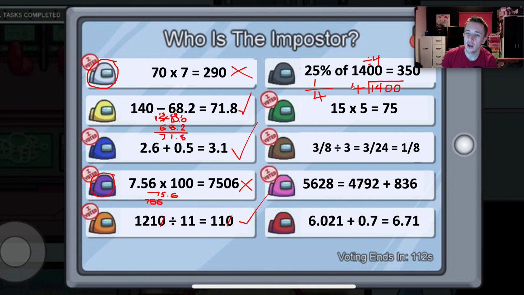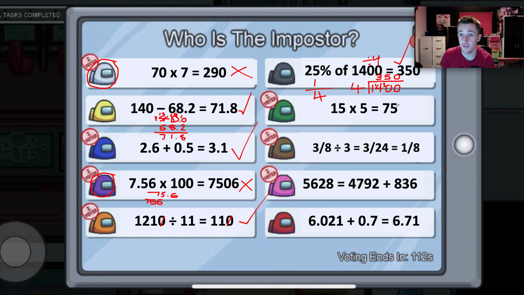Like so. 4 doesn't go into 1, so we carry it. 4 goes into 14. Well, I can go 4, 8, 12, 3 times. Carry the 2. 4 goes into 25 times, with nothing left over, and then I just put the 0 on the top. So the answer is 350, so that is correct.